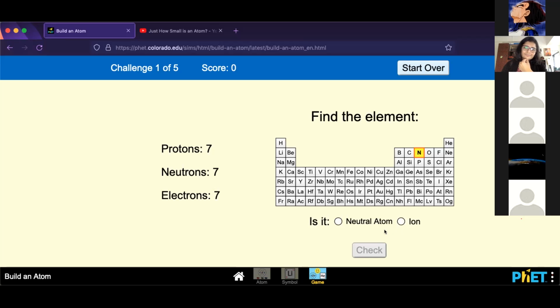I think it's an ion. Okay, I need a majority. Ma'am, ion. Okay, 2 people saying ion. Sujal also said ion. So 3 people, majority. Ion.